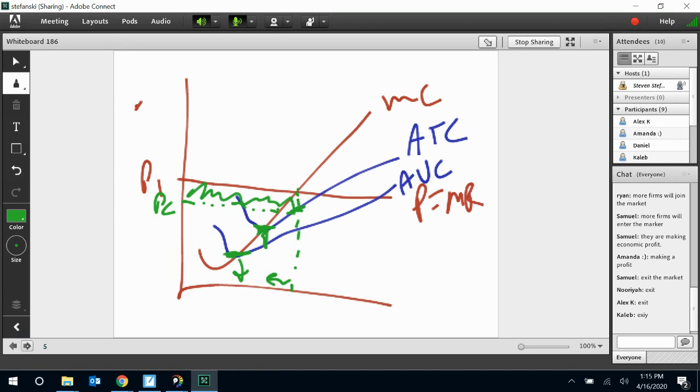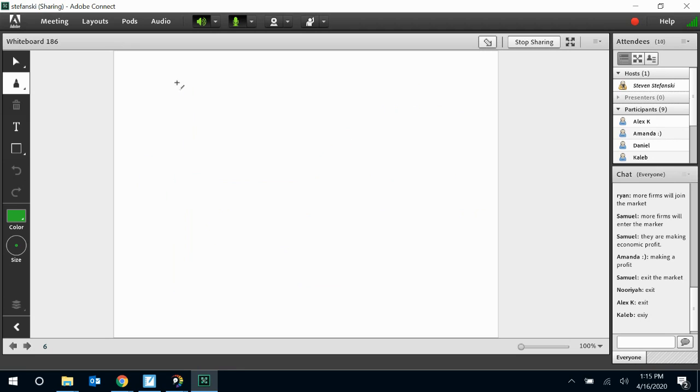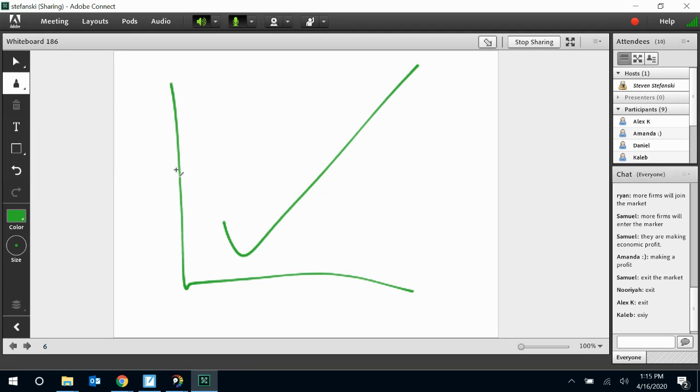Now let's try another one. Let's say we are here. Here is the marginal revenue. We know that's the price and the demand curve.